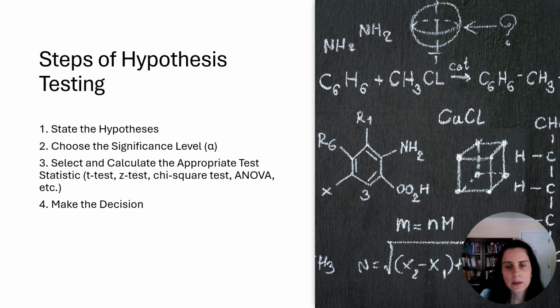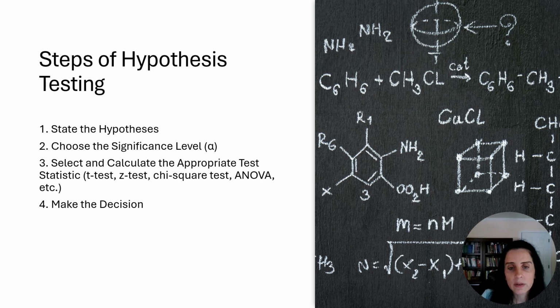Common test statistics include t-tests, used for instance for comparing two sample means, z-tests, which are used for comparing means but when the sample size is larger and has a normal distribution and the population variance is known, ANOVAs or F statistics when we're comparing the means from 3 or more groups, chi-square tests, for instance, when we examine relationships between categorical variables, and so on.